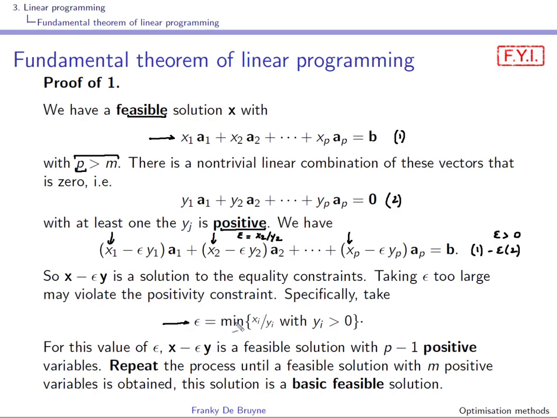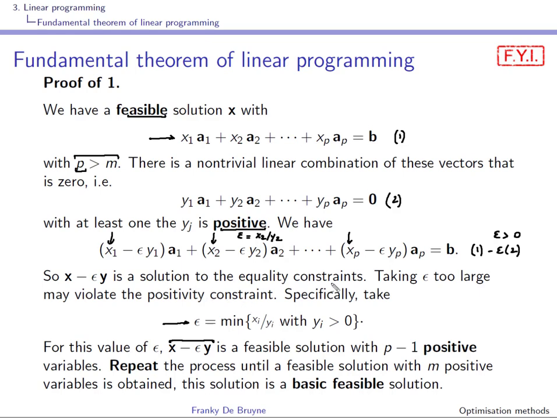Okay, so that's the minimum of all the xi divided by yi for a yi that is positive. And this value of epsilon will produce a new feasible solution, right?